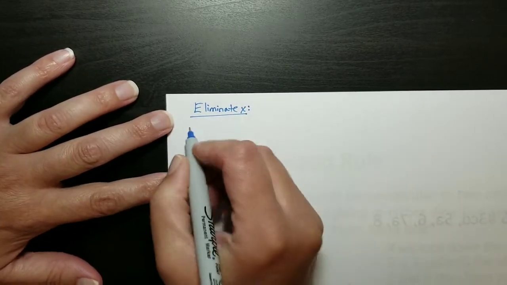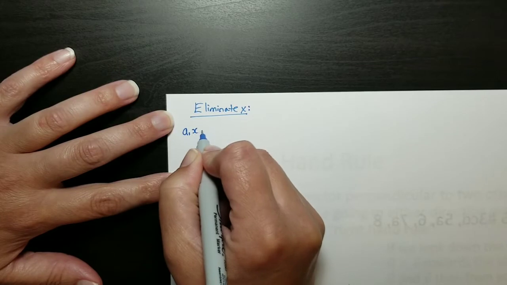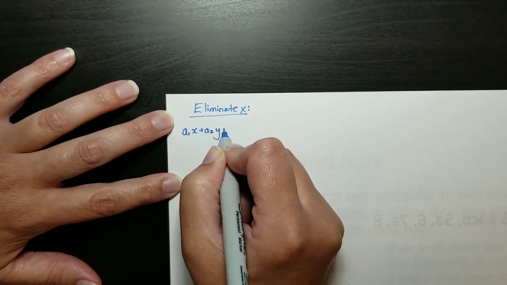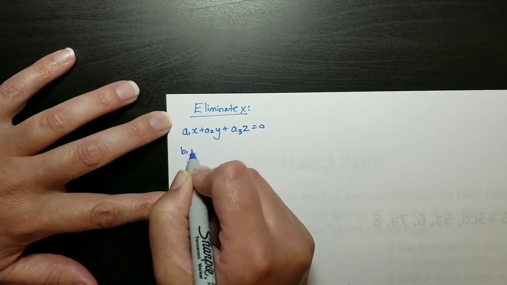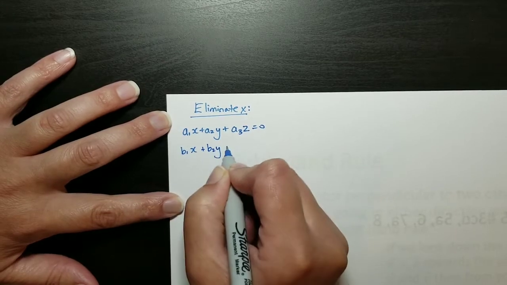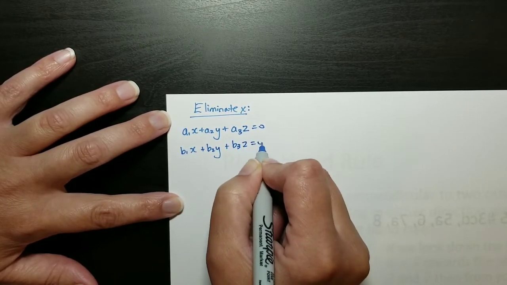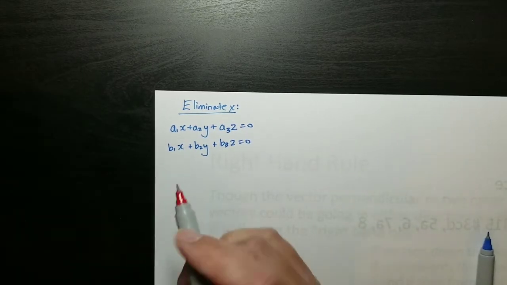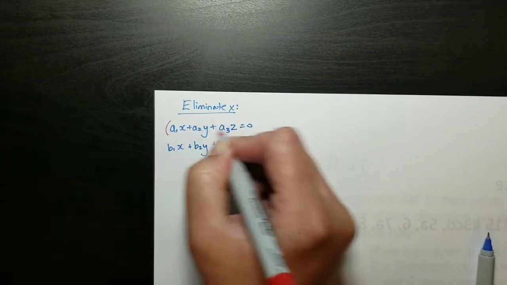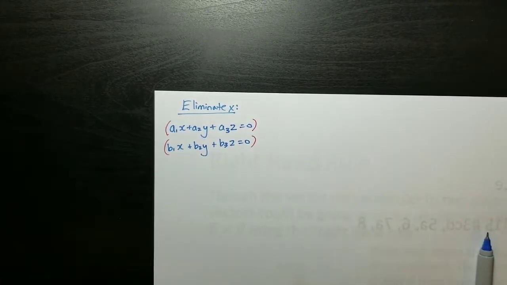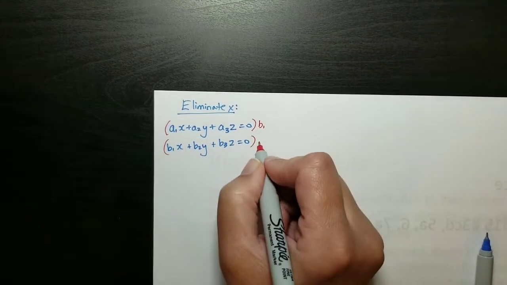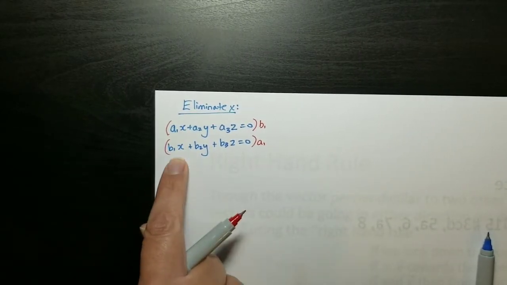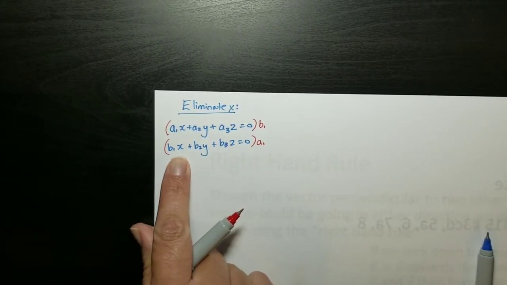So I'm going to start with a1x plus a2y plus a3z equals 0, and b1x plus b2y plus b3z equals 0. So to do elimination here, I need to multiply to get the same coefficient for both of these. I'm going to multiply this times b1 and this one times a1. And then both of the x variables will have the same coefficient.